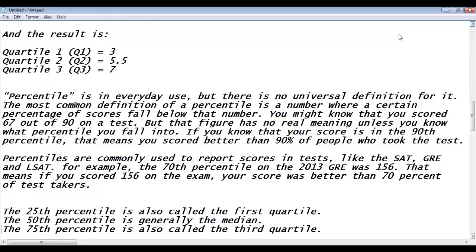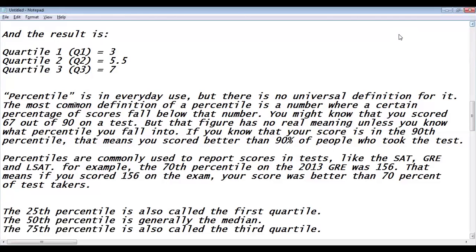It means if you have scored 156 on the exam, your score was better than 70% of the test takers. The 25th percentile is the first quartile. The 50th percentile is generally the median, that is half of the entire population. The 75th percentile is the third quartile.